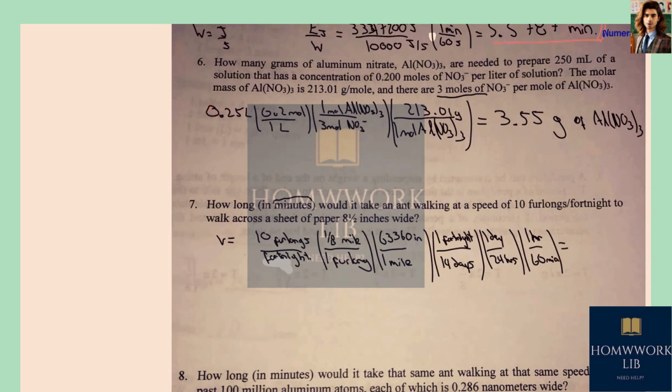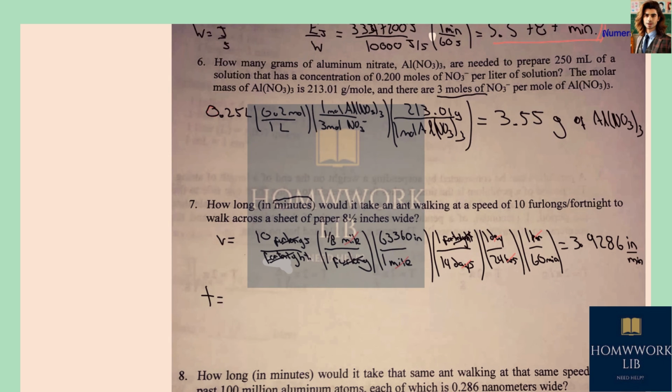So after doing all of these operations, we're going to end up having the velocity, let me cancel in red, days and days, hours and hours, in inches per minute. And the result is 3.9286 inches per minute.